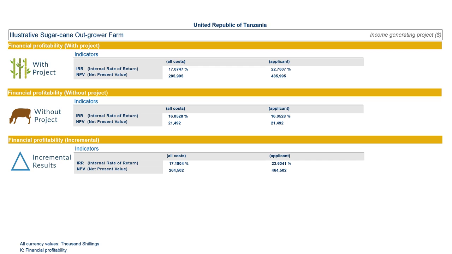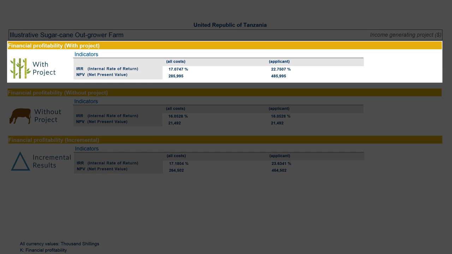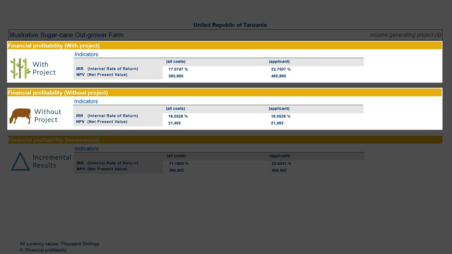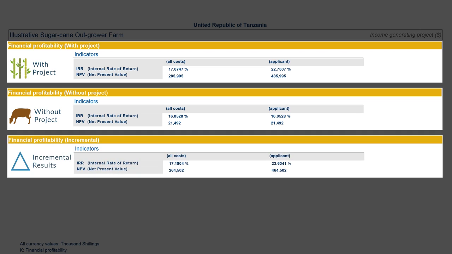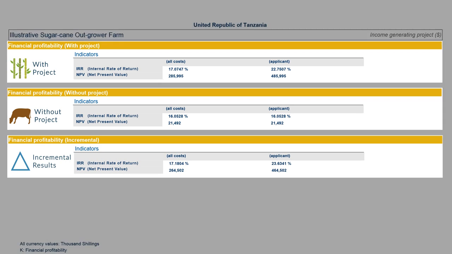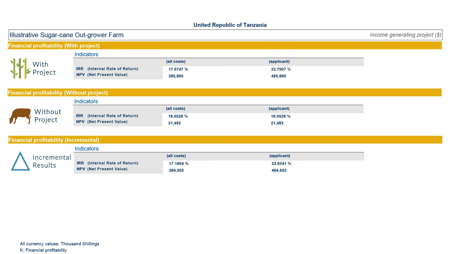Finally, we can compare the financial return indicators for all investment costs of with the project situation, without project situation, and incremental results. In analyzing the sugarcane farm, we can see the internal rate of return does not seem to be very different between the with project situation at 17% and the without project situation at 16%.